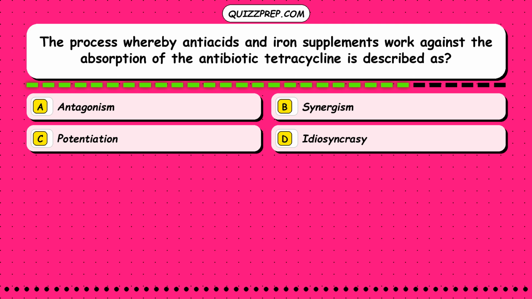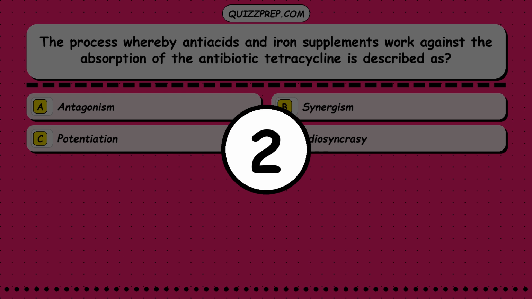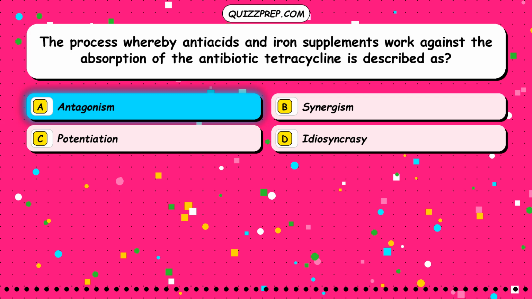The process whereby antacids and iron supplements work against the absorption of the antibiotic tetracycline is described as: option A, antagonism, option B, synergism, option C, potentiation, option D, idiosyncrasy. The correct answer is option A, antagonism.